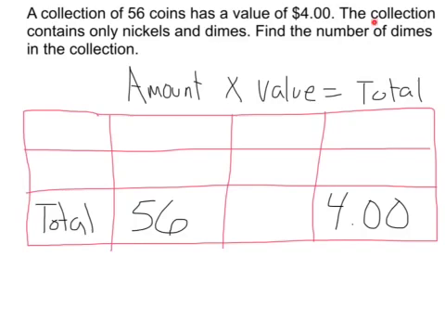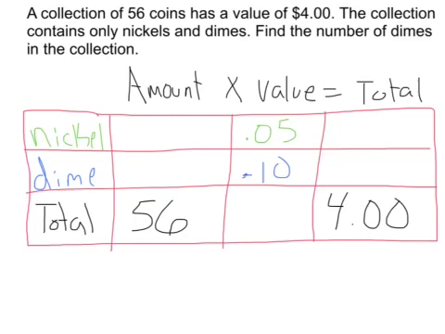Alright, let's keep reading. The collection contains only nickels and dimes. So now that I know I'm dealing with nickels and dimes, I'm going to label one of these my nickel. I'm also going to label one of these my dime. So my types of coins or my types of stamps in some other problems, that's always going to go on the left here. Now, looking at value here, we know what the value of a nickel is. We know a nickel is worth 5 cents, so I'll write 0.05. We know a dime is worth 10 cents, so I'll write 0.10.